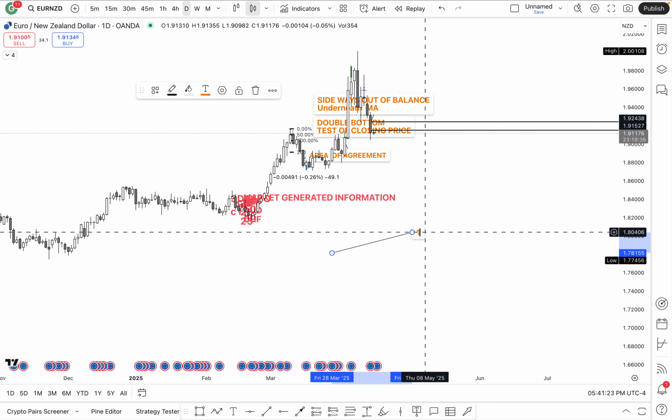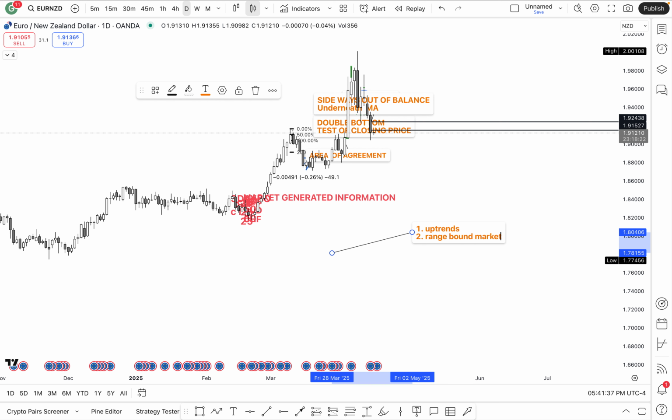Number 1, uptrend. 2, range bound market. 3, downtrend in market. Now, these are the 3 cycles of the market.